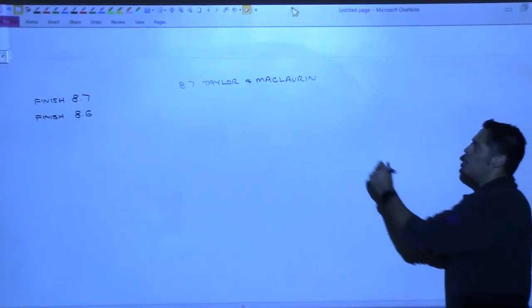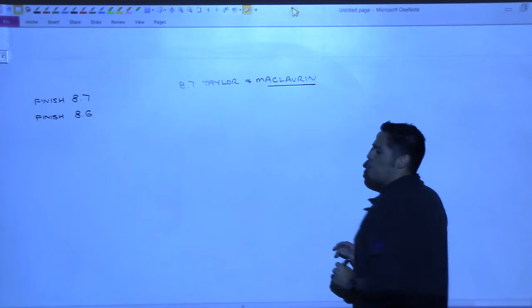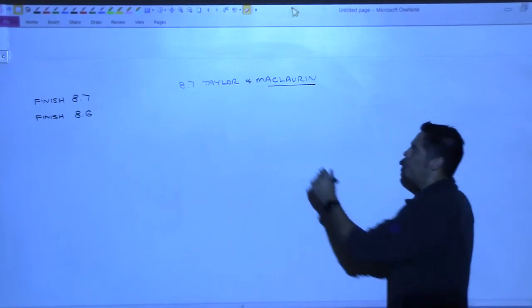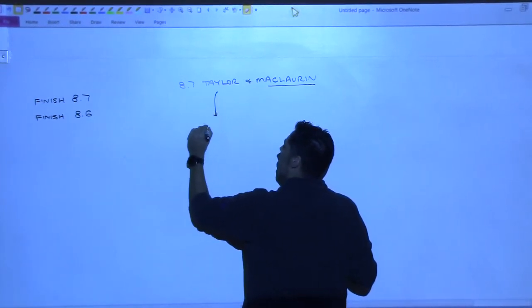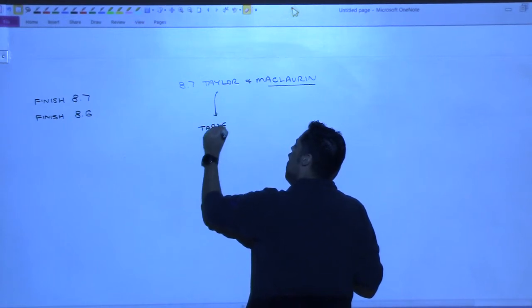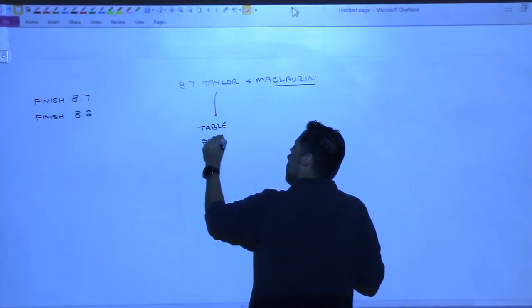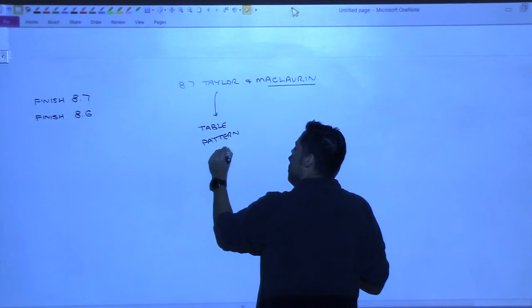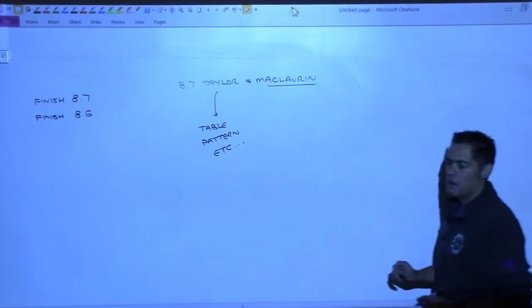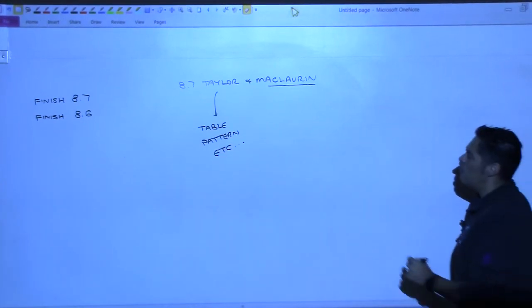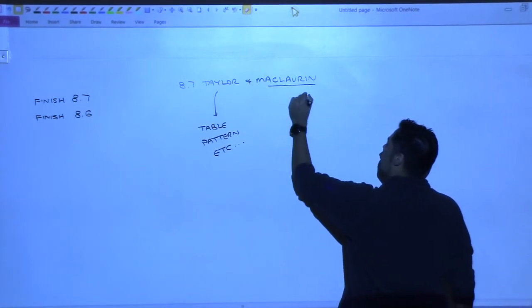If you're asked to find a Maclaurin series, there's really two ways to do this. If it's Taylor, you have to do a table, find a pattern, etc. Does that make sense? But if you're asked to find a Maclaurin series, you have two options.